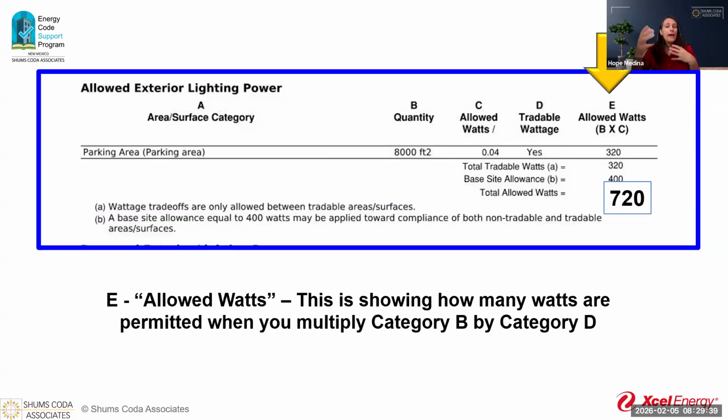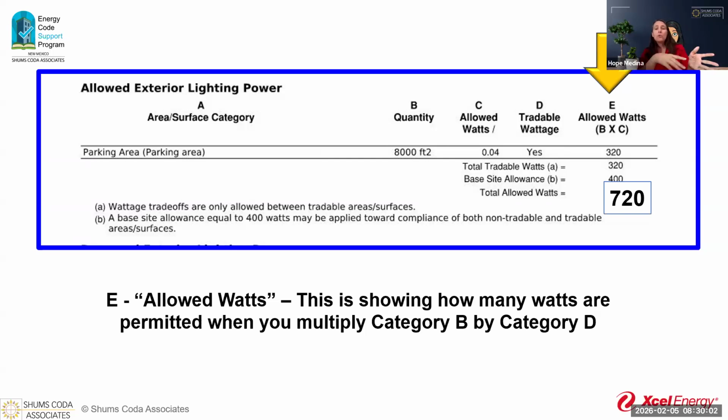interior side. It has a list of the types of areas that the lighting is going to go into, whether maybe it's parking, maybe it's the building facade, maybe it's an eating area, maybe it's landscaping. So those types of areas are going to be listed in the A category.